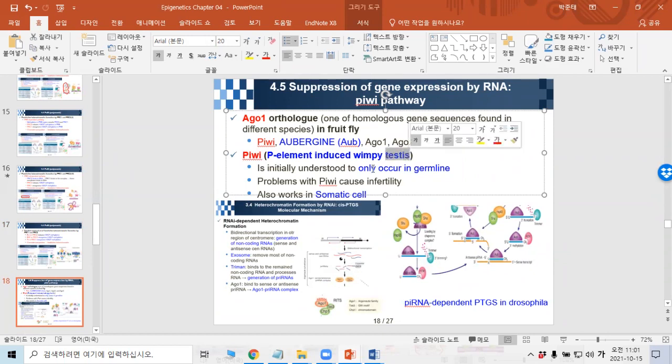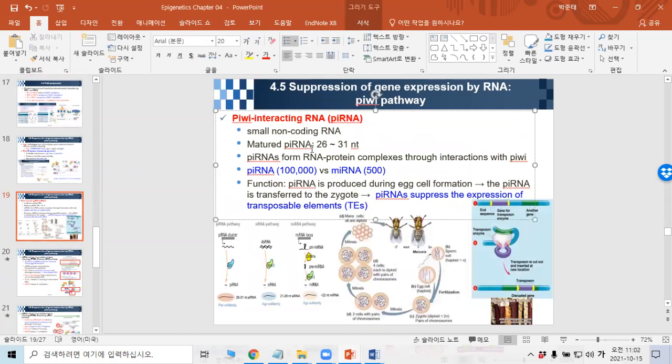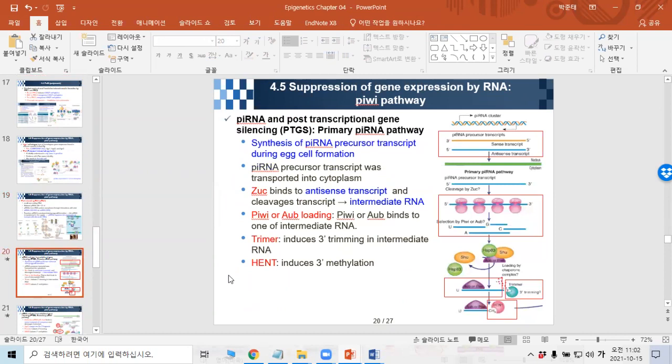It means that it occurs in the germline, but sometimes it also works in somatic cells. So this is the detailed information on piRNA, and there was a multiple choice question asking about piRNA. And also this is another important topic in chapter 4.